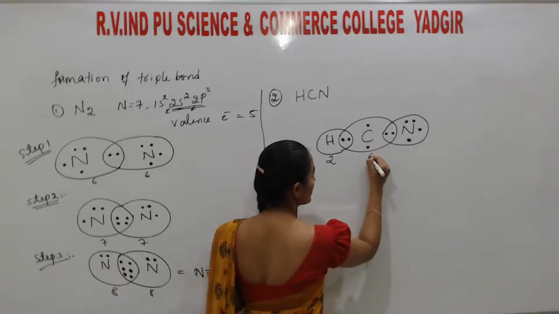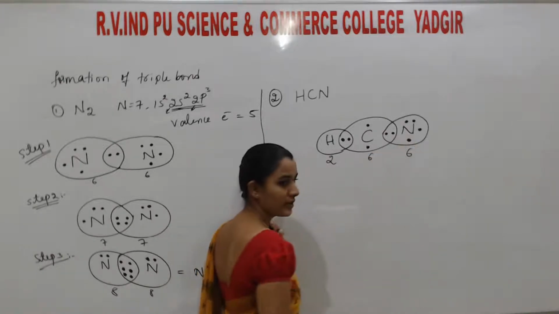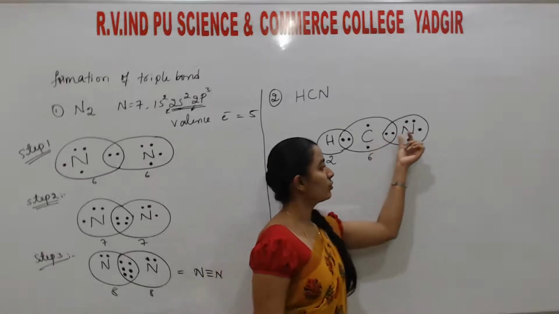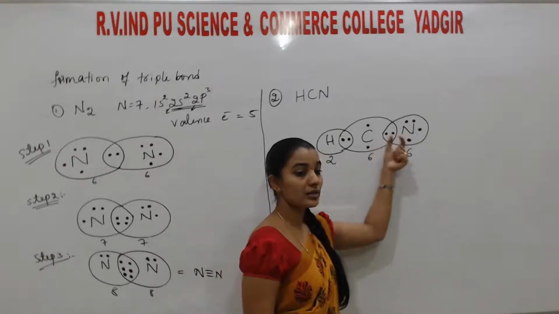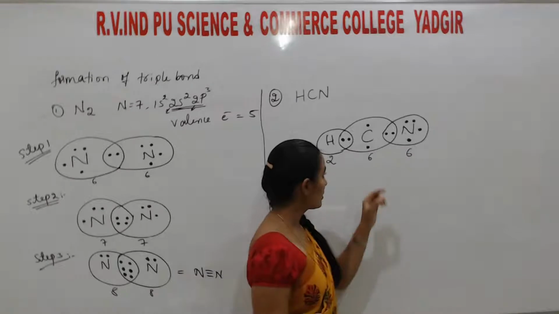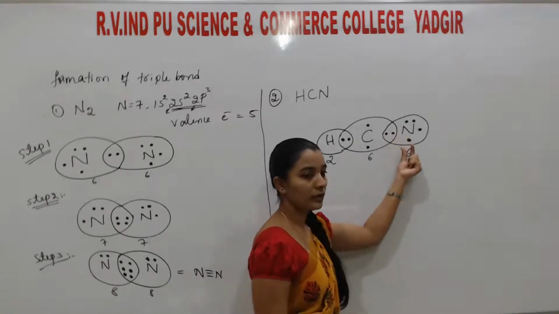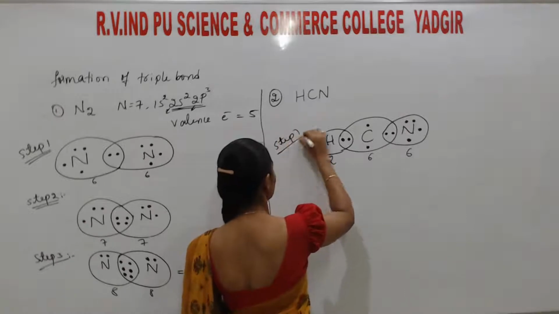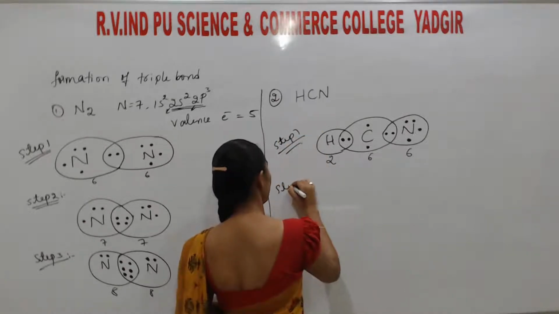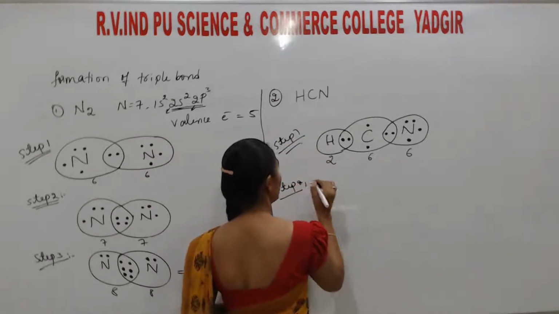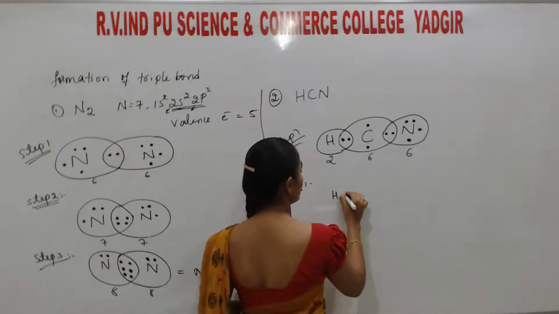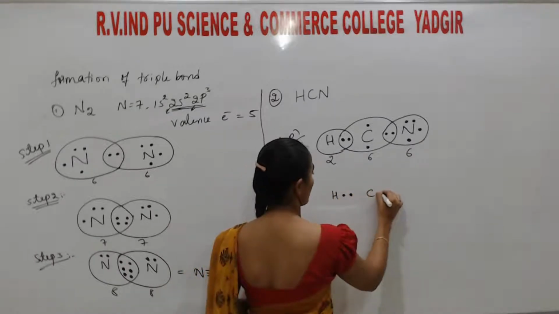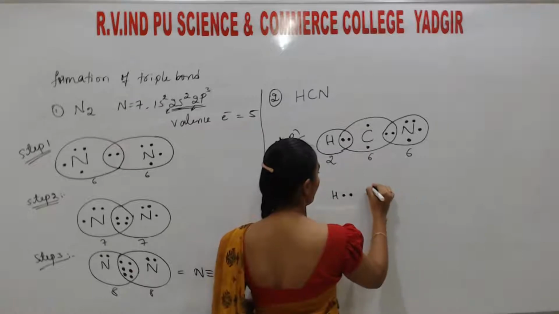This carbon is having 6, nitrogen is also having 6. So in between these two, we need extra 2 electrons. Means the next bond is formed in between this. So this is step 1. Next, step 2, I'll directly write here. So hydrogen, carbon, these are already bonded.